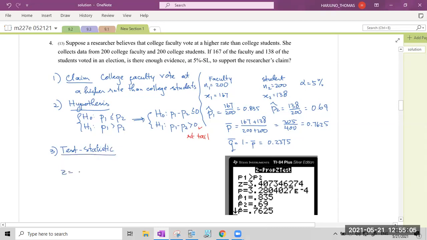Z equals P1 hat minus P2 hat minus P1 minus P2 from the null hypothesis over square root of 0.7625 times 0.2375 over 200. Actually, exactly the same thing here because the sample size happens to be the same.